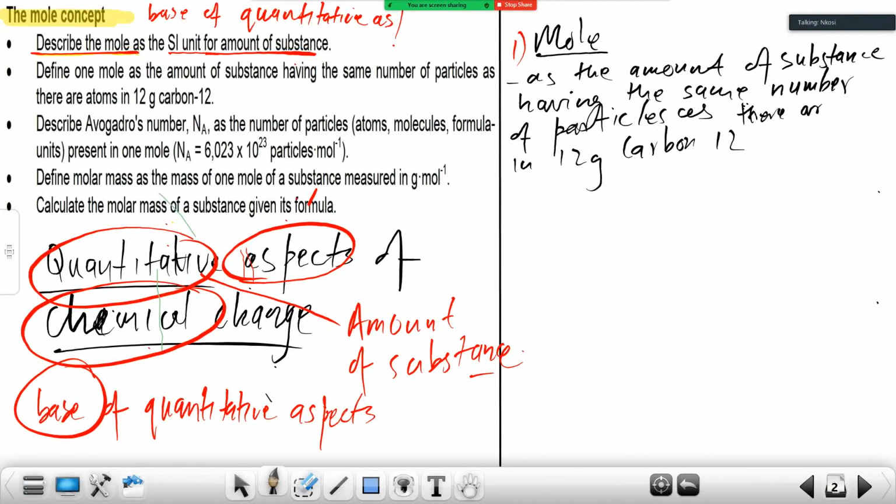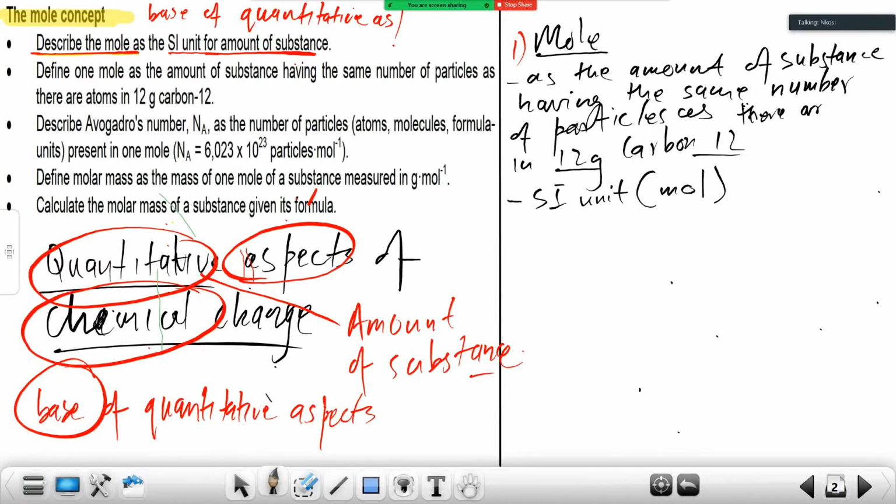So it says to me, if I am looking at carbon-12 as a reference, and when I look at the 12 gram of that particular carbon in the periodic table, I should be in a position to calculate the mole. But what will be the SI unit for this mole? The SI unit is just mole.